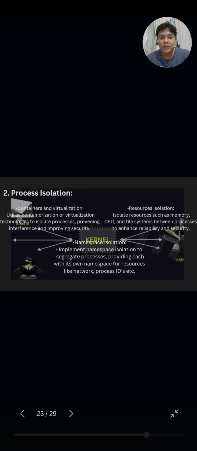Isolate resources such as memory, CPU, and file systems between processes to enhance reliability and security. Namespace isolation. Implement namespace isolation to segregate processes, providing each with its own namespace for resources like network, process IDs, etc.